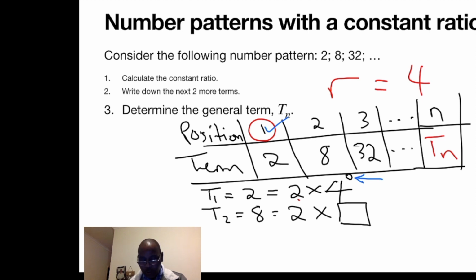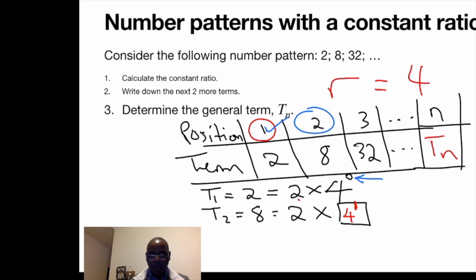We know that the constant ratio will always be a base. So all I'm looking for here is the exponent. So what is the exponent so that I get an answer of 8? You will notice the exponent will be equal to 1. Once again, look at the relationship with the position. The position of the 8 is 2. So 8 is in position 2 and the exponent is 1.